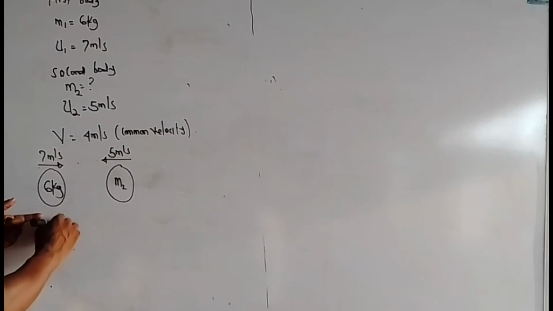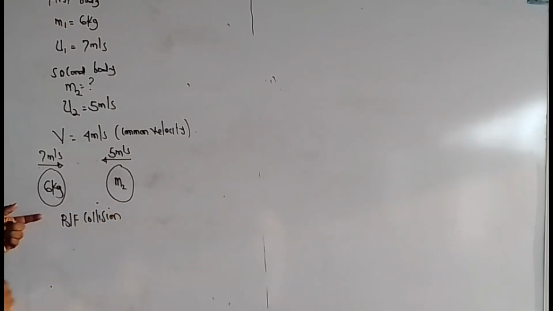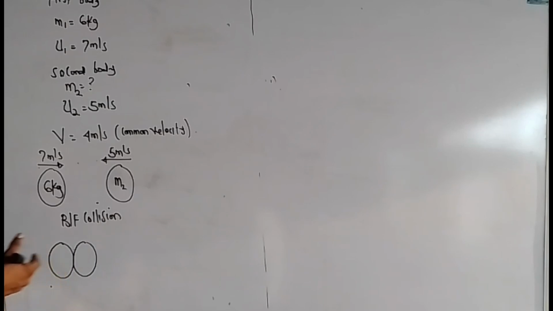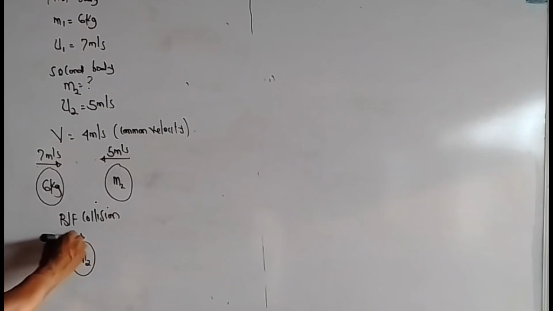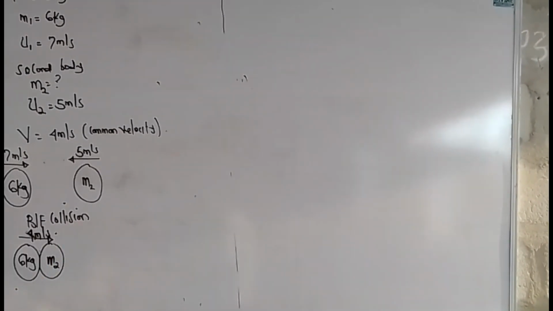So this is before collision. Then what happens after collision? After collision, we have the two bodies that stick together and move with a common velocity. This is now 6 kg, this is now M2. They move with a common velocity of 4 meters per second. This is after collision.